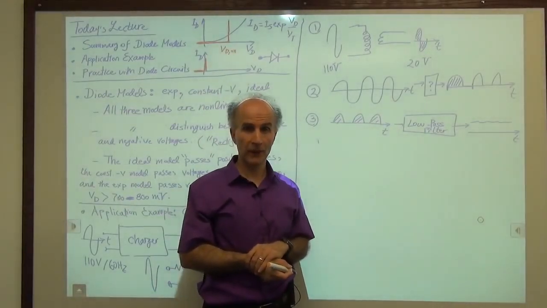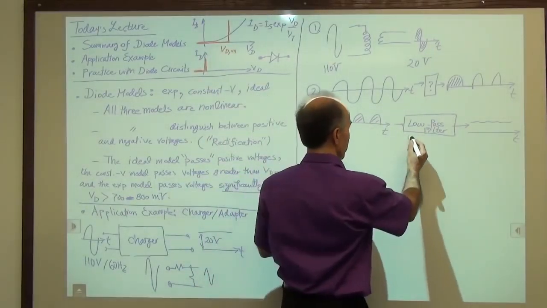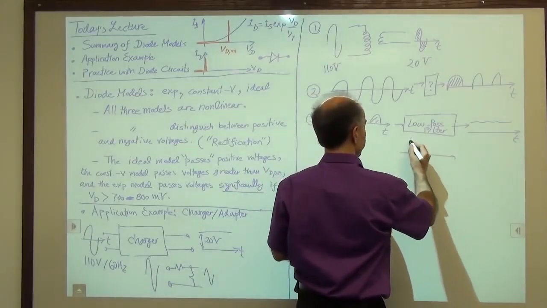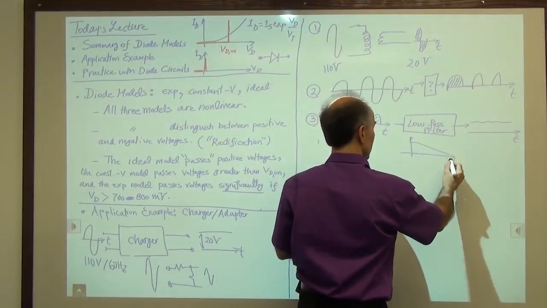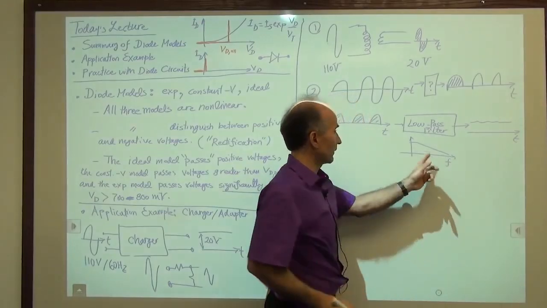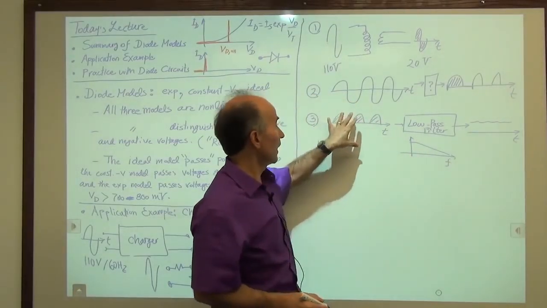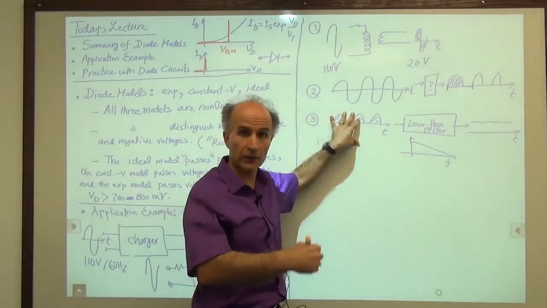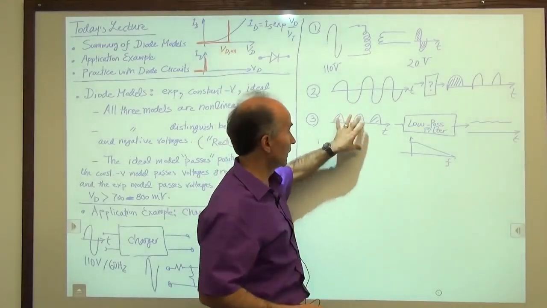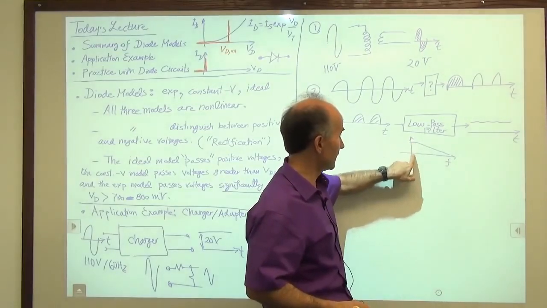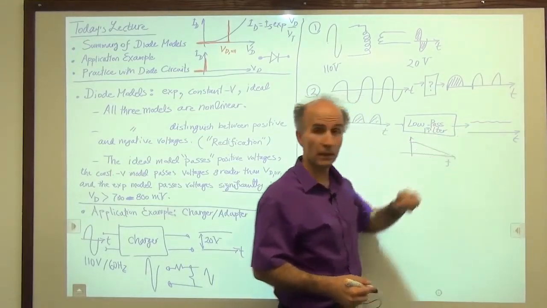Remember what the low-pass filter does. A low-pass filter has a frequency response like this. So if the corner frequency is low enough, it will cut off all the high-frequency components here, 60 hertz, 120 hertz, 180 hertz. The only thing that it lets go through is DC, and that DC will be of this form.